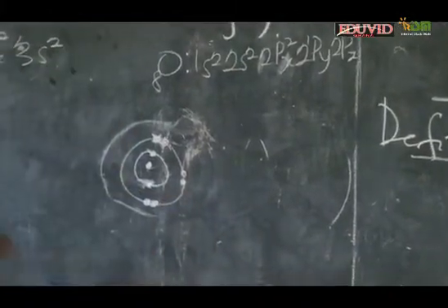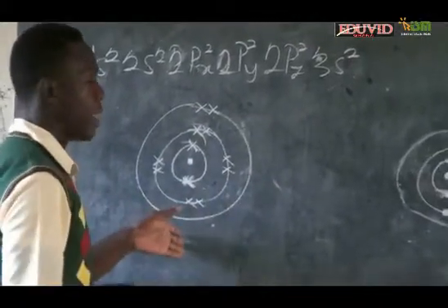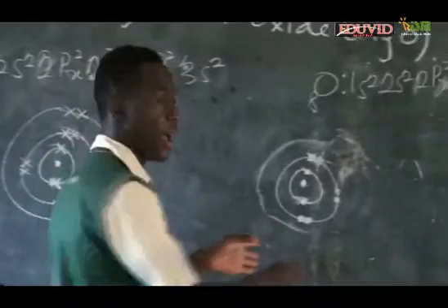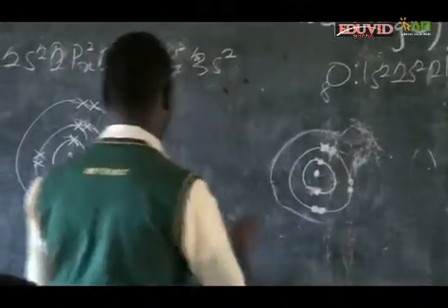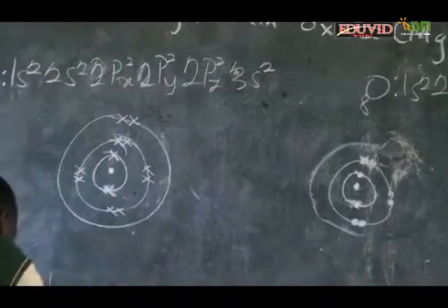Now, when the bond is formed, this must have a low ionization energy and this must have a high electron affinity.